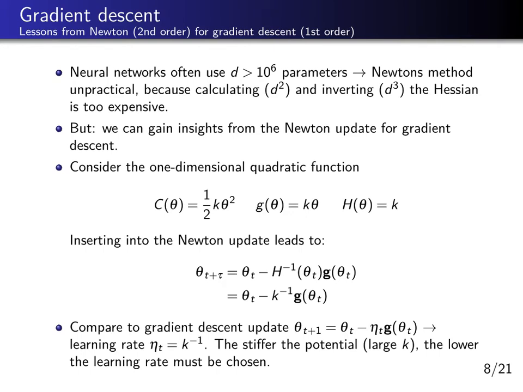So in other words, for very stiff potentials or very stiff loss functions, we have large k's, and then we need to make small steps. Whereas if the potential or the loss function is very shallow, we can make large steps.